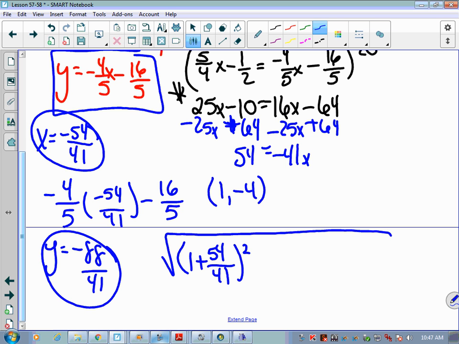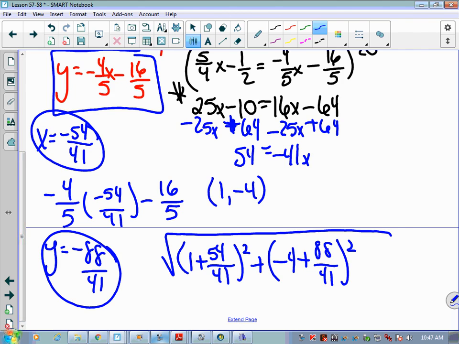Plus y1, which is negative 4, minus y2, which in this case is plus 88 over 41 squared, and we're looking for the decimal answer out of this. I believe there is a radical form of it, but I'll take a decimal on it.